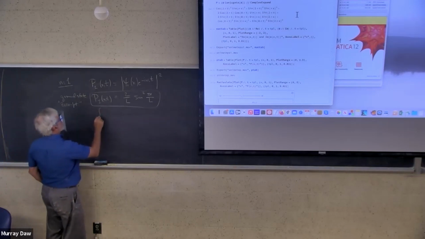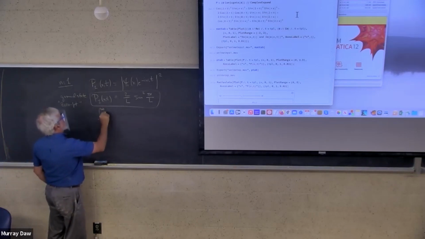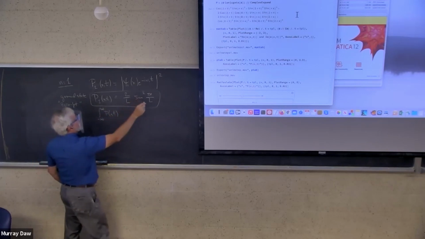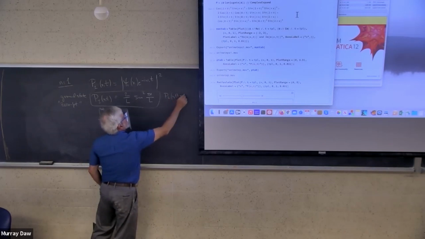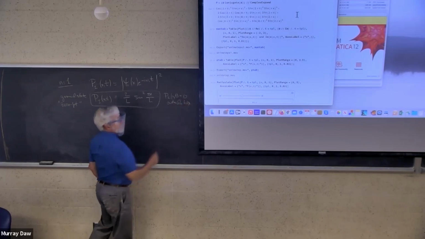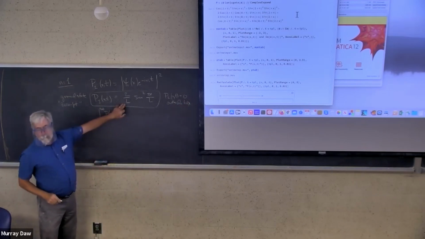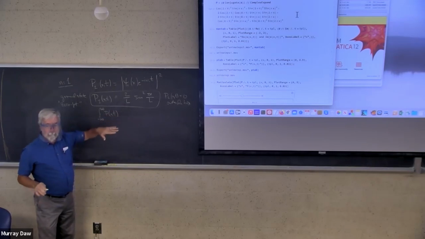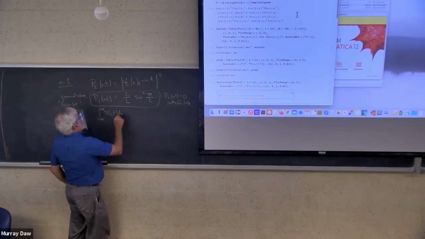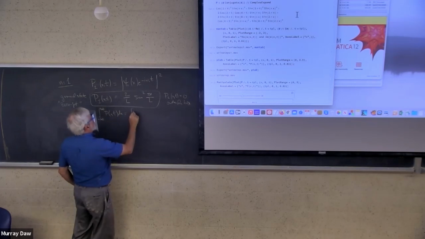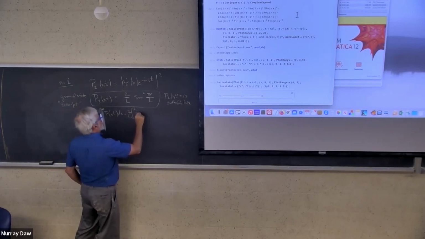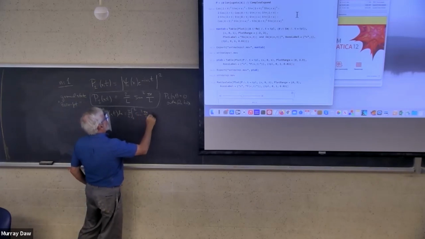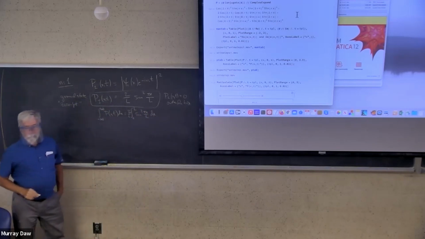Okay, now we should check a few things. Let's integrate the probability. Remember, the probability is 0 outside the box. This is only inside the box. It's like the psi is 0 outside. So when we form the integral, probability is 0 except when x is between 0 and L. And now we need to look up this integral.